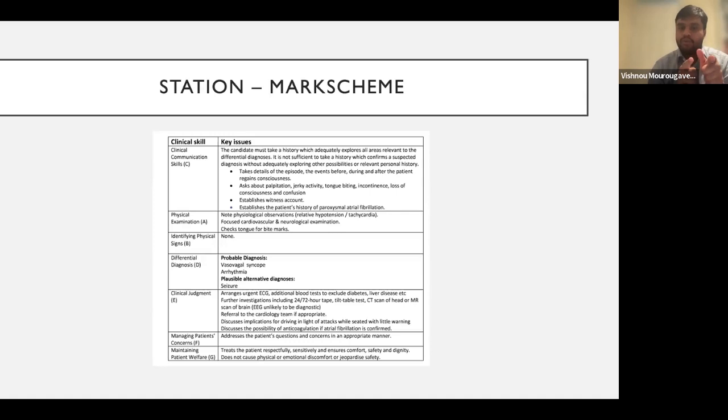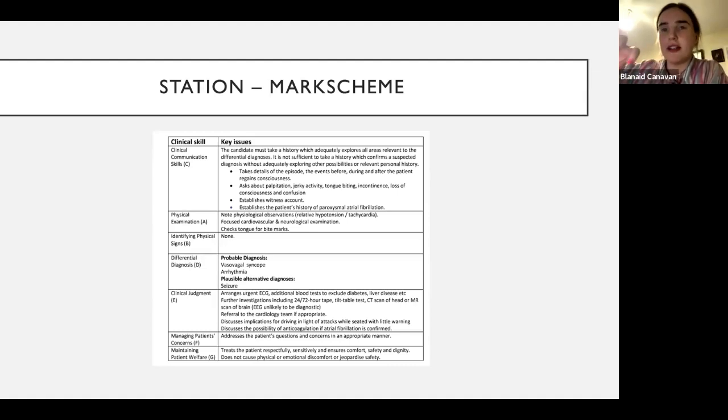You want to make sure that in every station you're not getting too many minors in the same section. The reason why most people fail PACES is identifying physical signs and differential diagnosis. These are the two categories that most people fail PACES for.